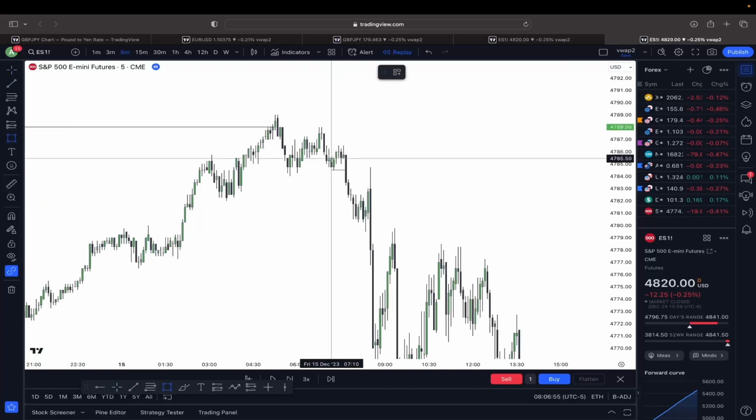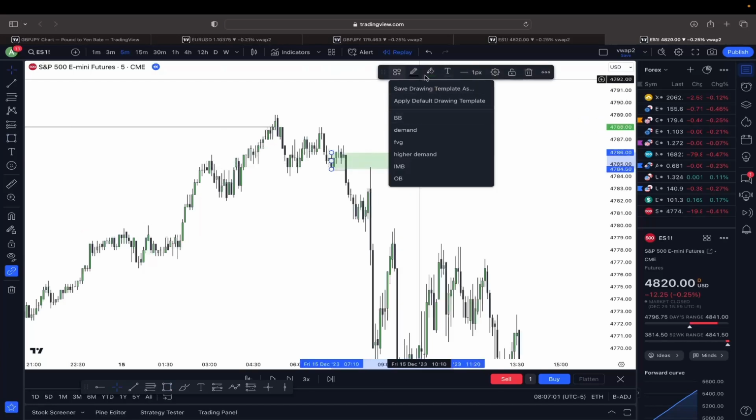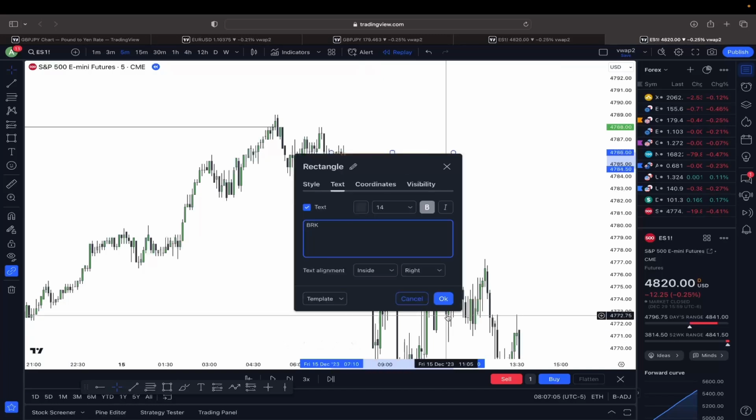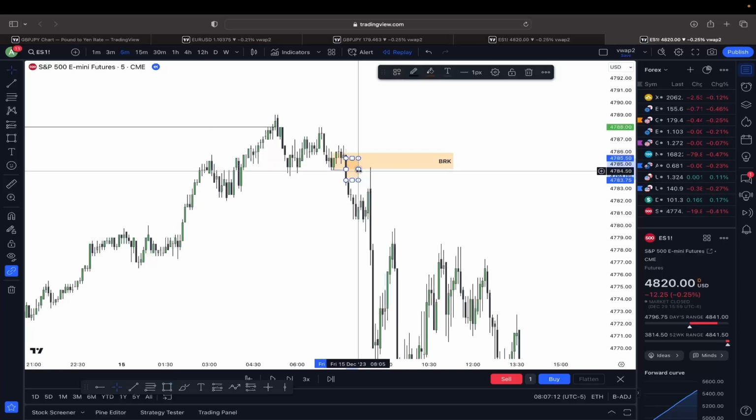We get that breaker block, which I'm going to colour in orange, keep it consistent. We have our breaker block, and within that breaker block we have this bearish fair value gap.